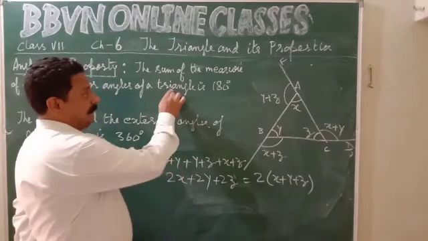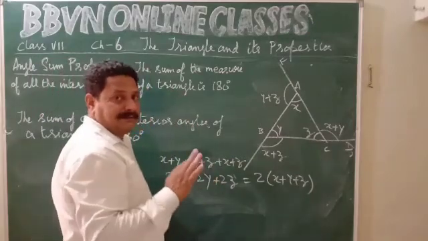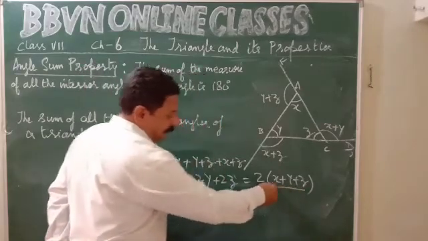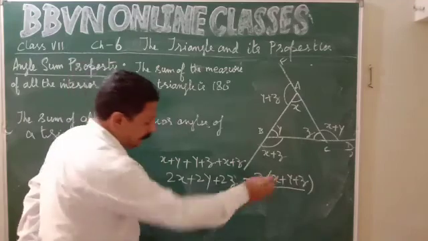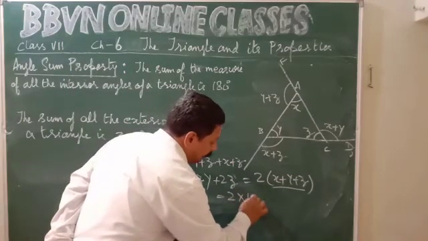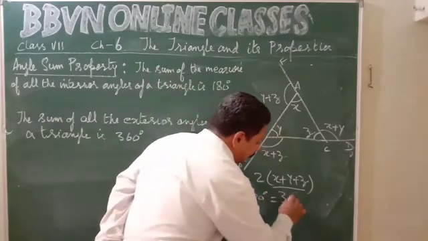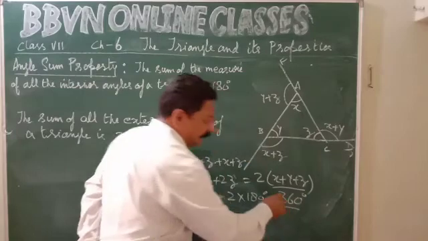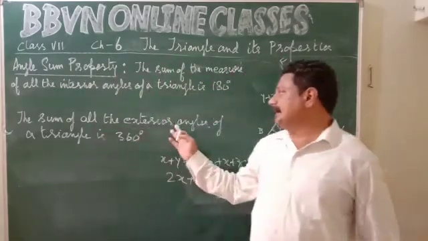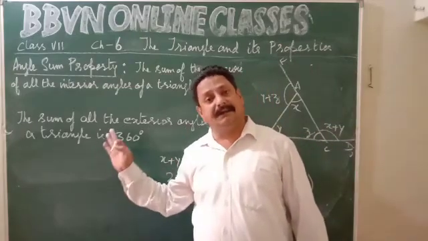And just now we have studied that the sum of all the interior angles of a triangle is 180 degrees. So I can substitute X plus Y plus Z as 180 degrees. So this is 2 multiplied by 180 degrees, which becomes 360 degrees. So the sum of all the exterior angles of a triangle is 360 degrees.